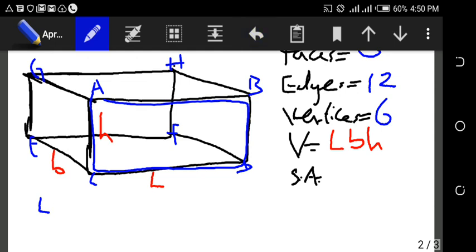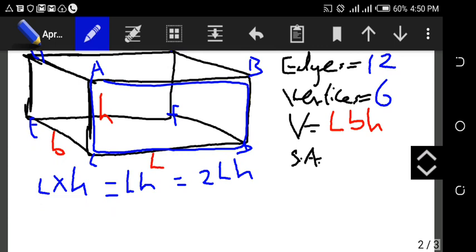That's our height. So we have L times H, and that will give us LH. Now mind you, this face appears twice, at the front and at the back, so the area for these two sides will give us 2LH.